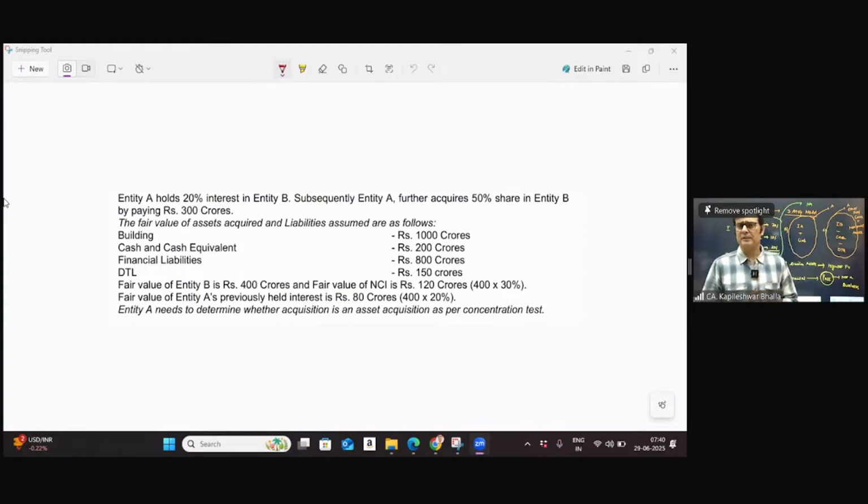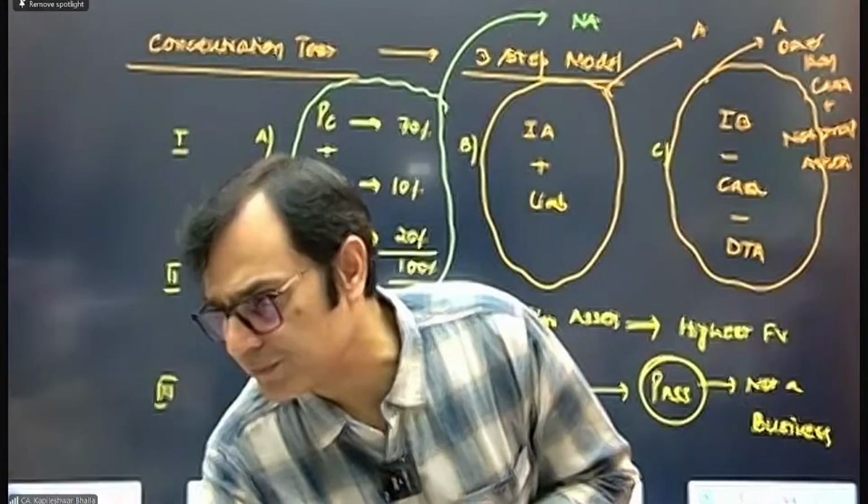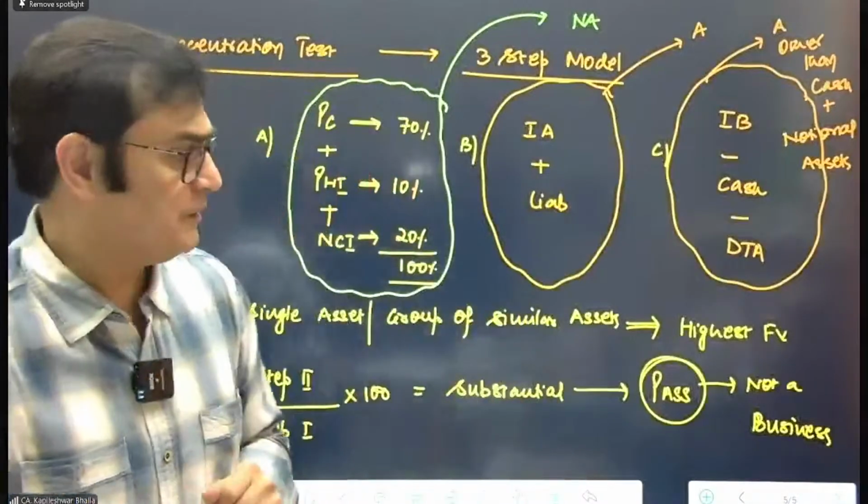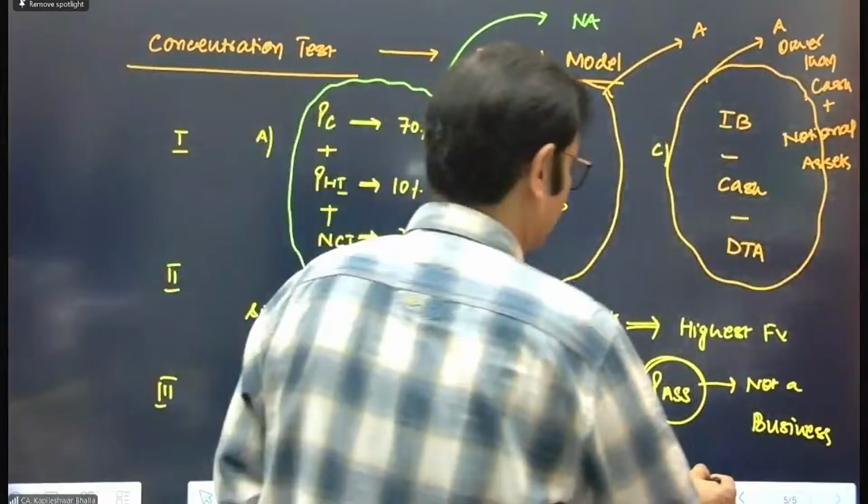I think that's pretty simple. If you've understood the 3-step model from the revision, one can do this question very easily. So let me organize the data. I am looking at the concentration test.